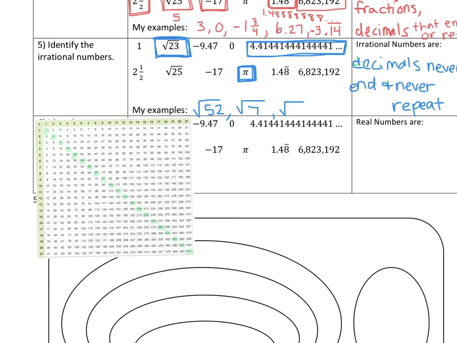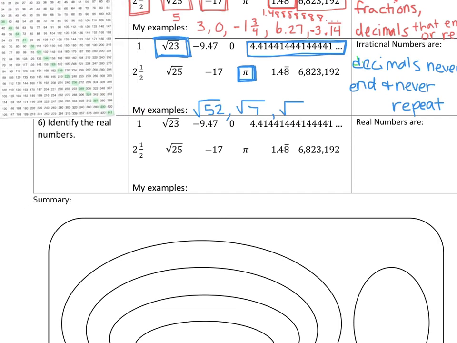Okay, last example is real numbers. Real numbers are natural numbers. They're whole numbers. They are integers. They are rational.